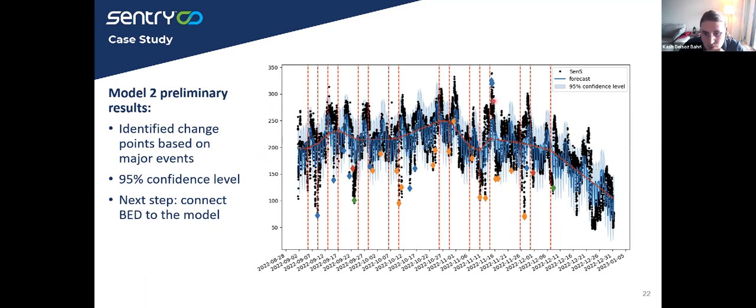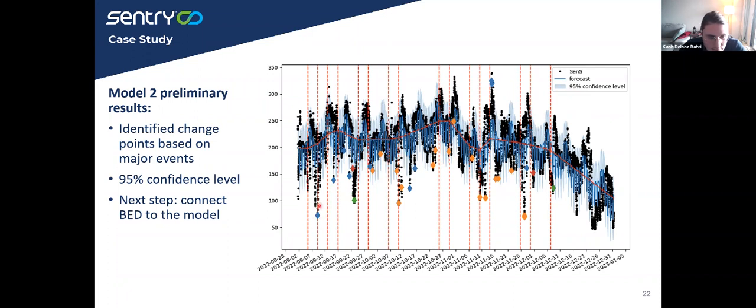So the dark markers or circles are the measured sensor signal, and the blue line is the forecasting line by model 2, and the light blue is showing the 95% confidence level.